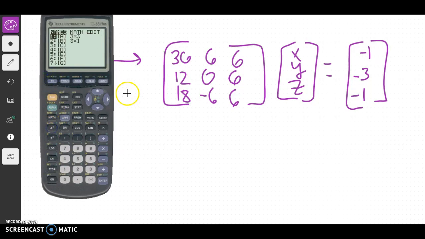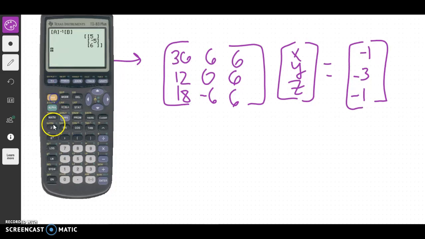I'll go to second matrix again. I'll go over and fill in matrix B. Whoops, it needs to be a negative 1. Okay, and then I'll go to second quit again.